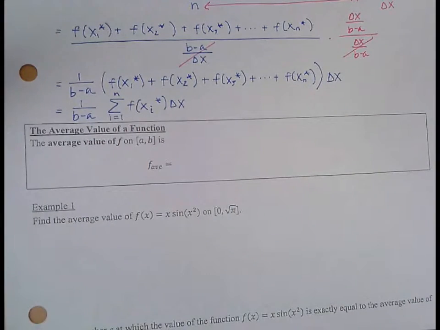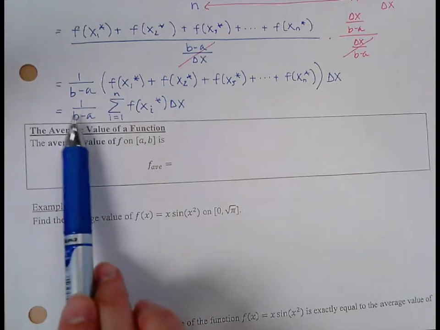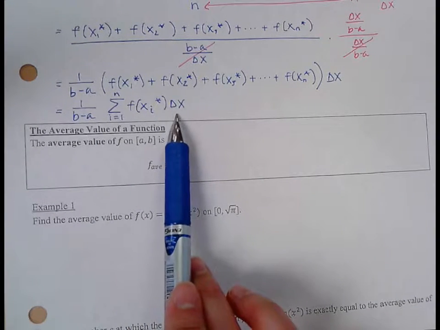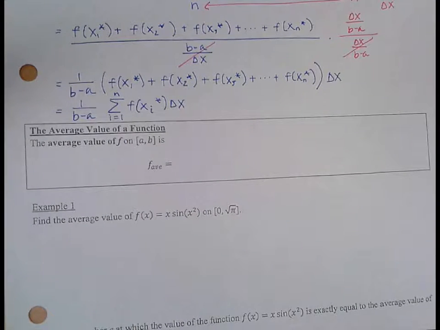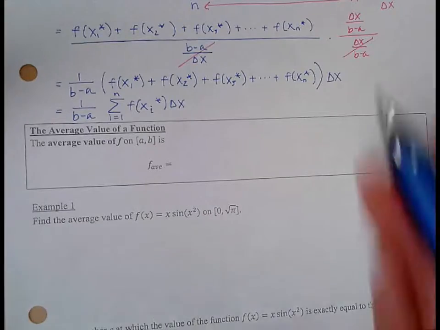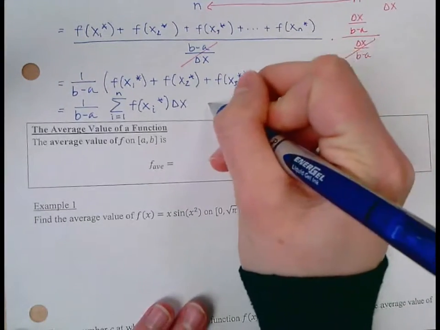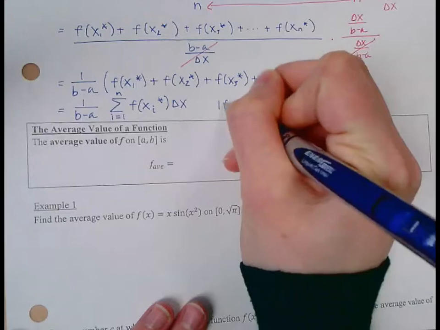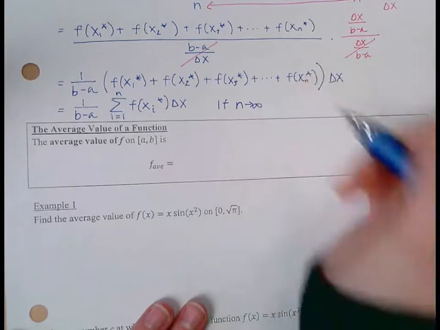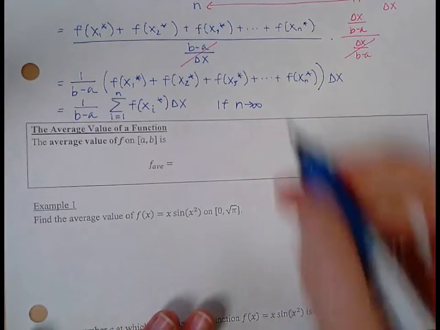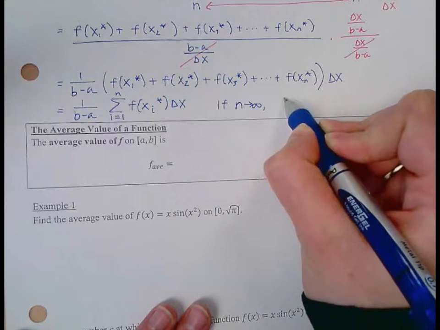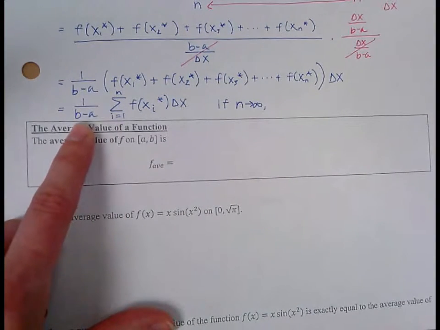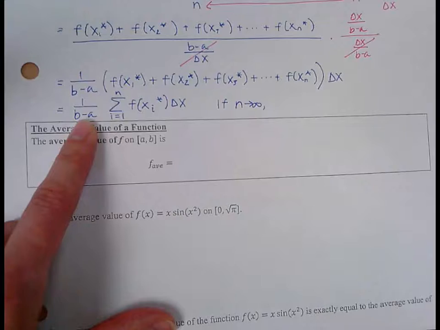The reason why I'm writing it in this form is, again, this is an approximation for the average value of the function. This is only an approximation. So if you wanted the exact value, you would say from here, if n were to approach infinity, I'm going to write the 1 over b minus a in front, since that would be a constant or a coefficient.